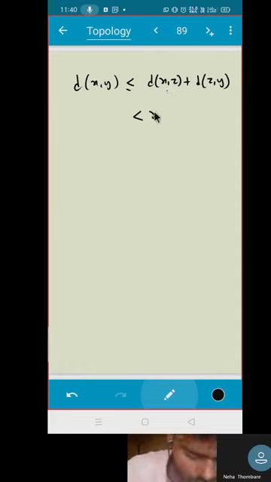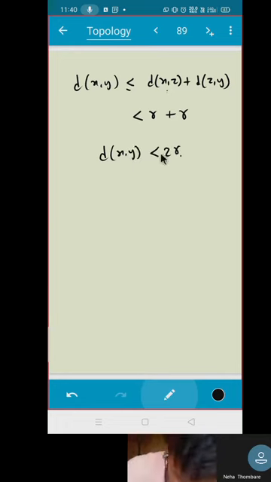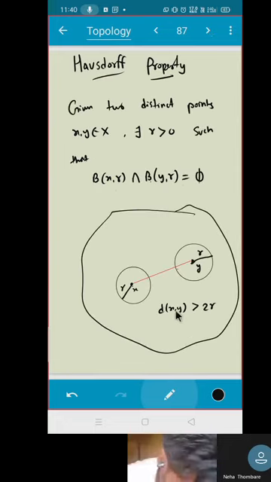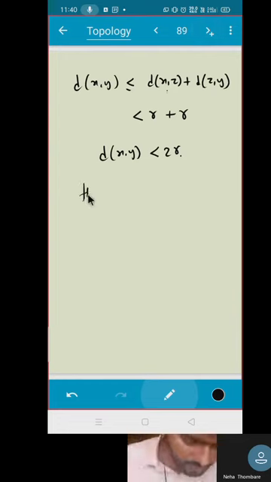I know this guy is less than r, and this guy is also less than r. So I have the distance between x and y less than 2r, which is a contradiction. Do you agree? In the graph only I told you that the distance between x and y is always greater than 2r. From here, that is quite obvious. So this is a contradiction.